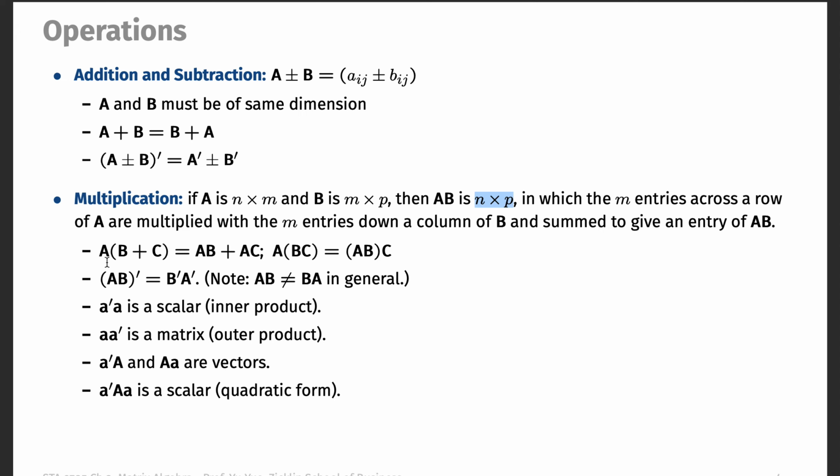A times the sum of B and C is the same as A times B plus A times C. And A times the multiplication of B and C is the same as AB times C. If you have a multiplication of two matrices and you're looking at the transpose, the order of the multiplication will be reversed.